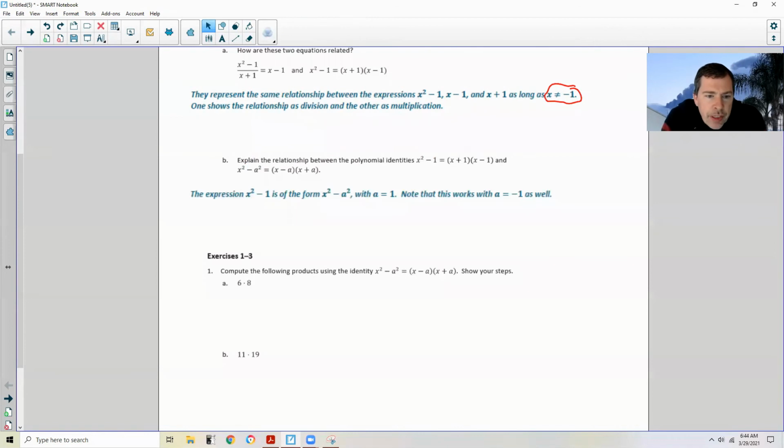In this one, the expression x squared minus 1 equals x plus 1 times x minus 1. The expression x squared minus 1 is in the form of x squared minus a squared, with a being 1. 1 squared is 1. Note that this works with a equals negative 1 as well. So in this case, we can have a equal to negative 1 because we are not dividing.